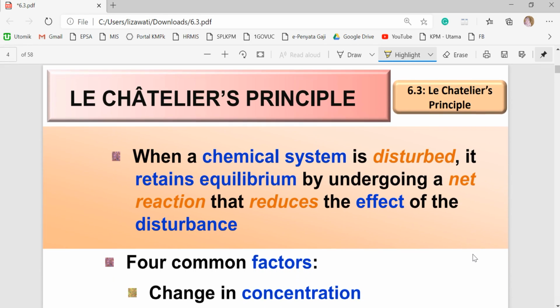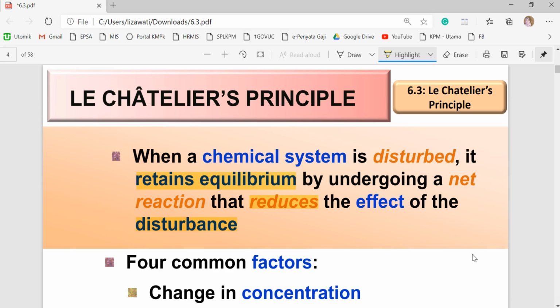Now we move to the definition of Le Chatelier's principle. When a system is disturbed, it retains equilibrium by undergoing a net reaction to reduce the effect of the disturbance. Meaning that the system has already achieved equilibrium, then the system is disturbed by a disturbance.